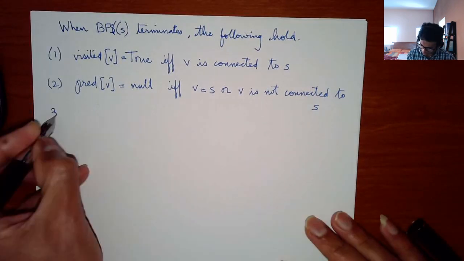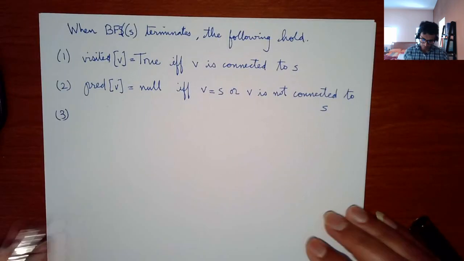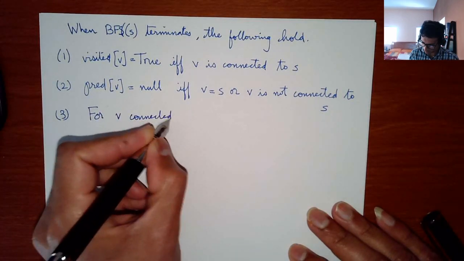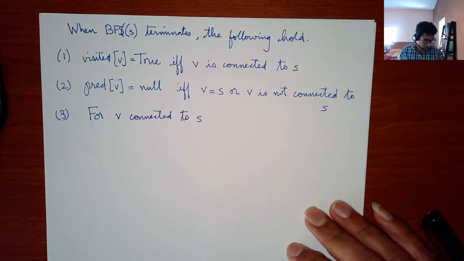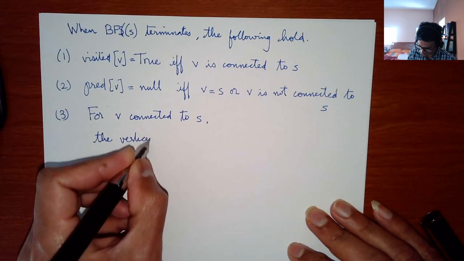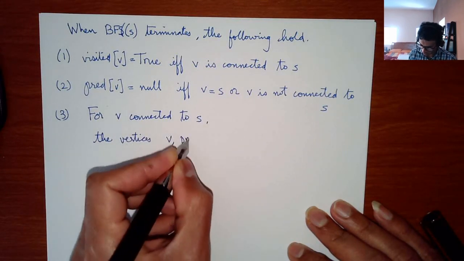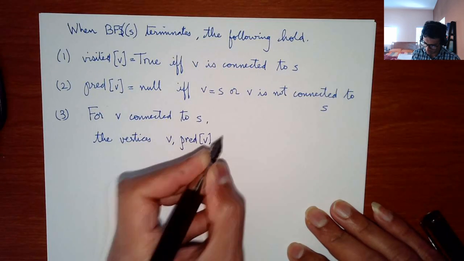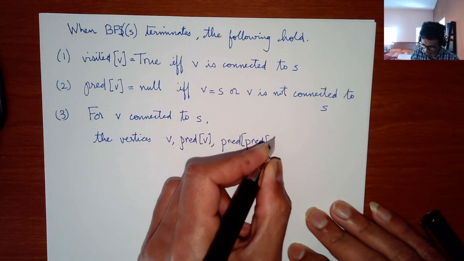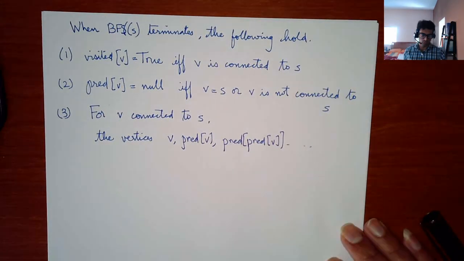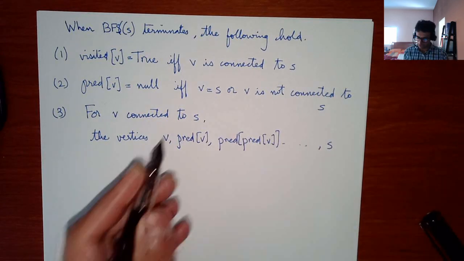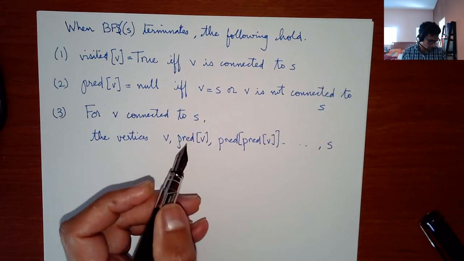And third, and this is really where the shortest path property comes in, for V connected to S, the vertices V, predecessor of V, predecessor of the predecessor of V, so on and so forth, going all the way up to S. You'll see that it always goes back to S. So you take the vertex, take its predecessor, take the predecessor of the predecessor, and so on.